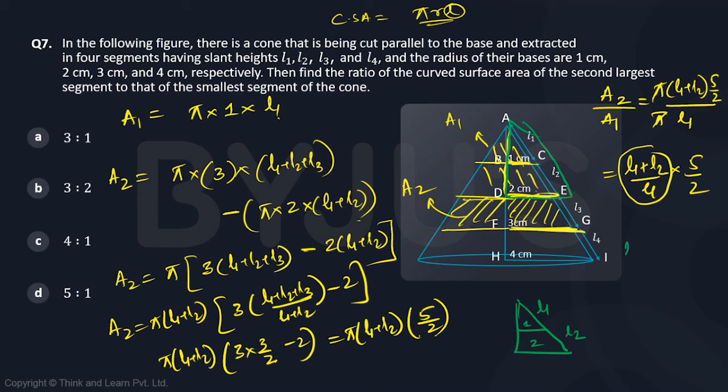So L1 plus L2 by L1 equals the bigger triangle's base 2 divided by the smaller triangle's base, which is 1. So this is 2 by 1. So 2 gets cancelled, it is 5 by 1. So the answer is option D.